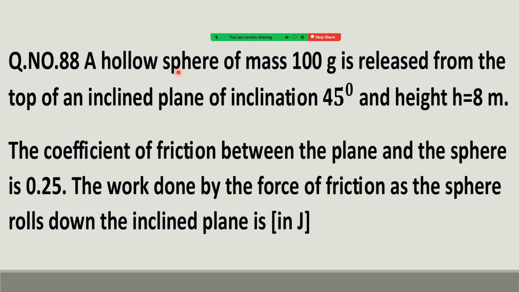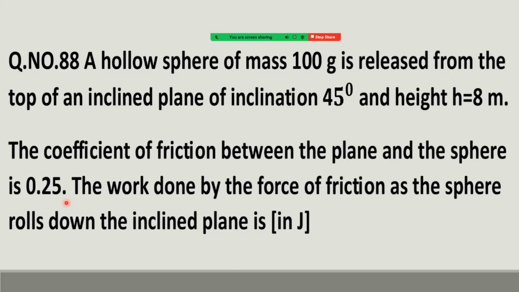It is 2 by 5. Right. Just now we have solved the same kind of question. Hollow sphere, so minimum mu value required is 2 by 5 tan theta. Tan 45 is 1. So 2 by 5, 0.4. Right? But given it is 0.25, which is less than the minimum value.